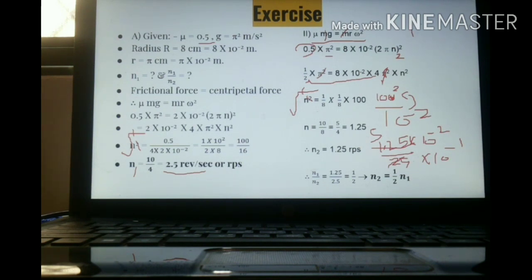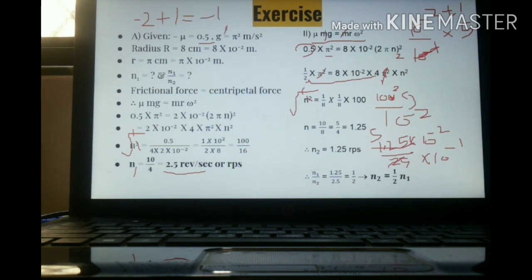Over here what we have got? 10 raised to minus 2 upon 10 raised to minus 1 into 5 we have got. If this goes upwards, ये पूरा ऊपर चले जाएगा, then what will it become? Plus 1. Can you tell me minus 1 plus 1 is what? Minus 1 means what?